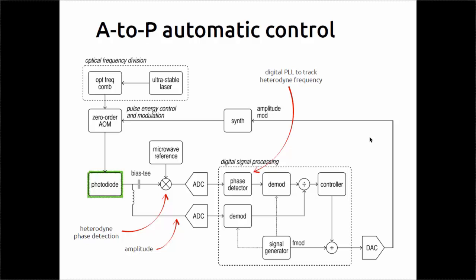Through a bias T, we are able to detect the amplitude and know the effective amplitude modulation we are putting on the light. And we extract the microwave part of the signal.